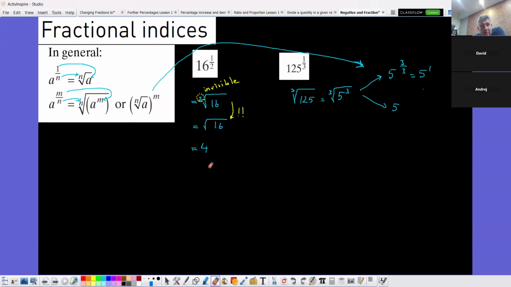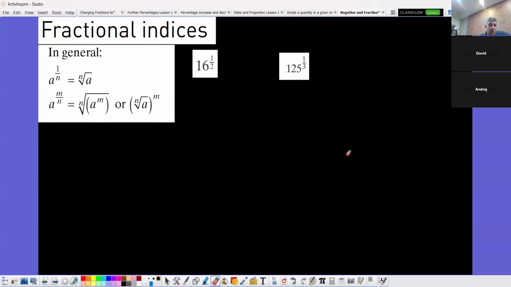After negative powers, I told you about fractional powers. Fractional powers are actually like negative powers. It has only one rule. I'm generally using this one, because if this m is equal to 1, it becomes this rule.